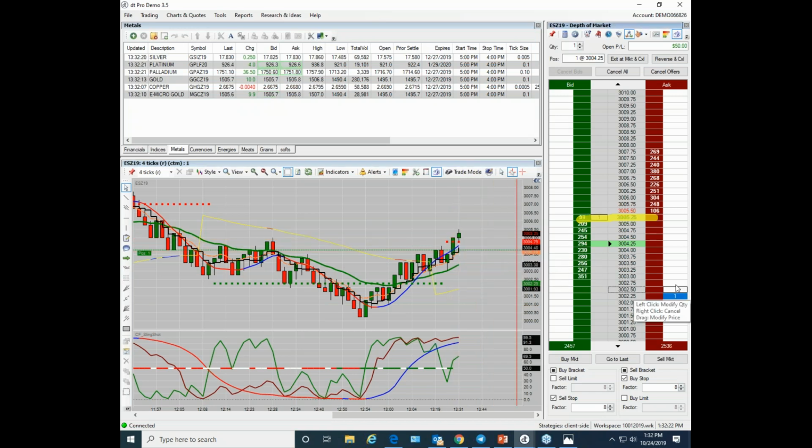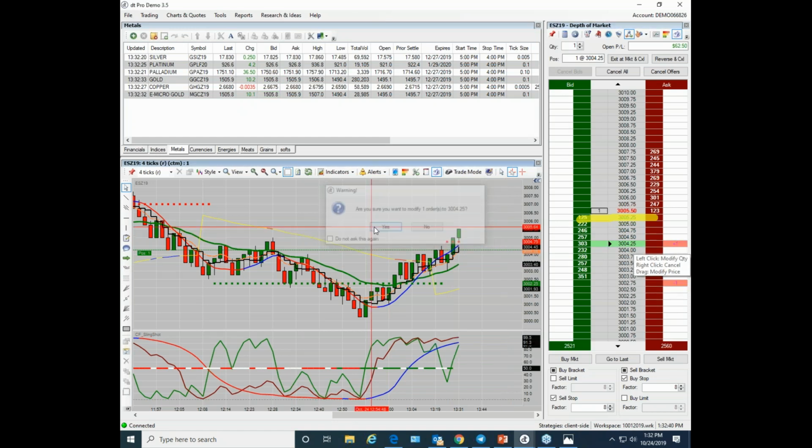Here's how you trail your stop. Sorry, it's going fast. All I did was left click over the 1 here. Left click and drag. The stop now is at our entry or break even.